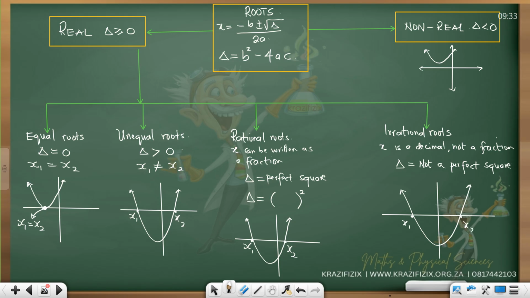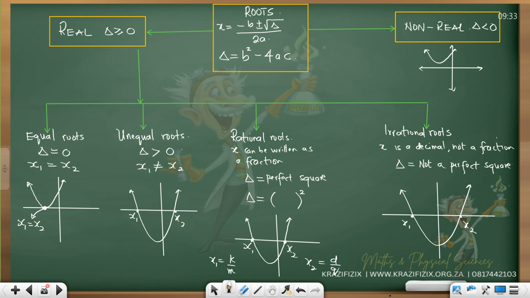They are real, but decimals. Here, these are fractions. x can be written as a fraction. So maybe x1 can be k over m, and x2 maybe d over q, whatever it is, just showing that it's a fraction. I shouldn't use a and b because we have that in the equation.